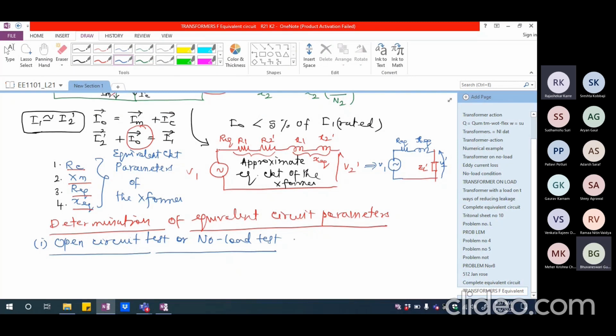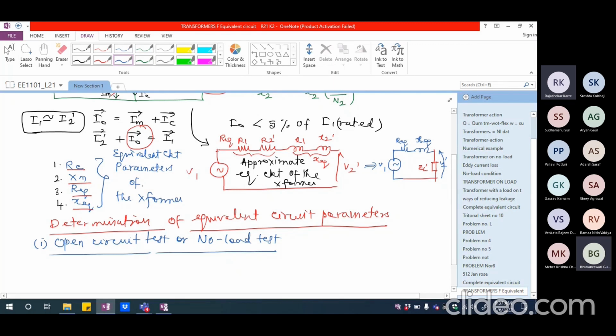That is the reason why we try to determine the parameters of the transformer without really loading it. We are not going to load it completely. We are doing something like a phantom loading. What we mean by phantom loading is we may apply rated voltage, but the current drawn will be very minimal. Or we may draw rated current, but the voltage will be very minimal.